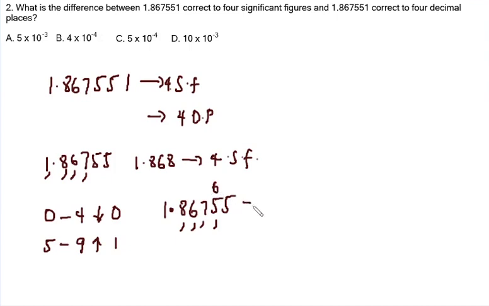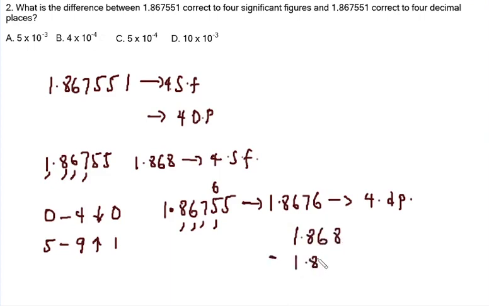So this is equal to 1.8676, and this is the equivalent in 4 decimal places. So our question requires us to subtract both terms from each other. So I'm going to do 1.868 minus 1.8676. You can still add a 0 here, still the equivalent.